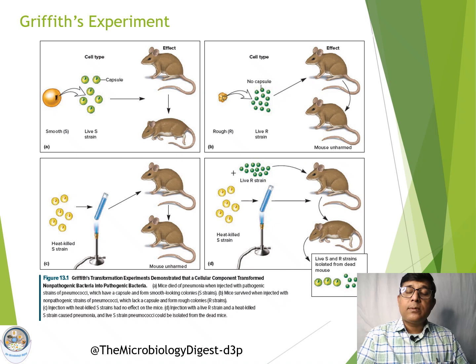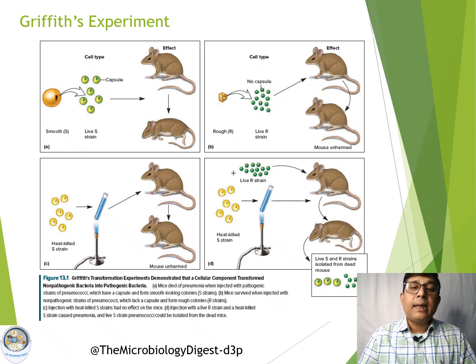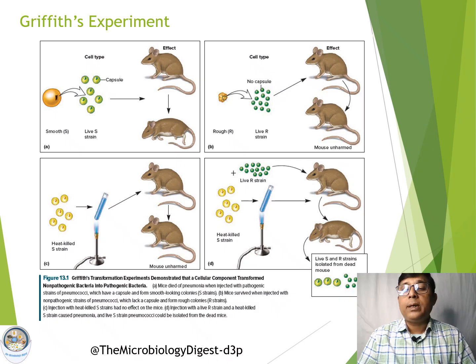As we have discussed, these are virulent organisms, so they caused death of the mice. Then in the second step, he took live organisms of the rough variant, which is known to be avirulent, and injected them into mice. As expected, no death of mice was recorded.